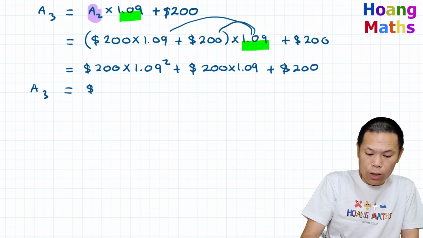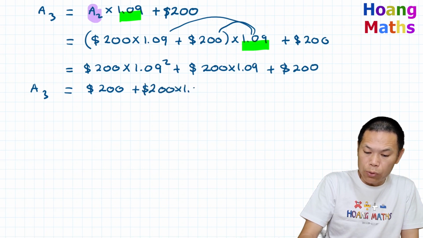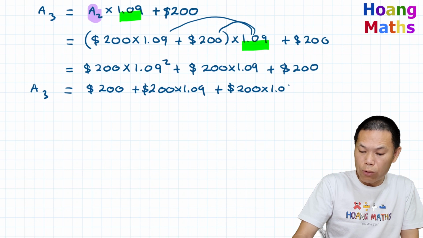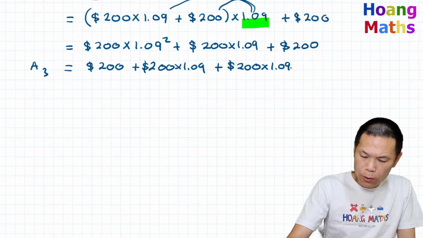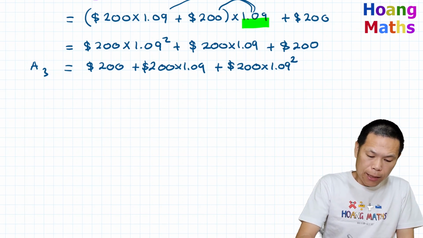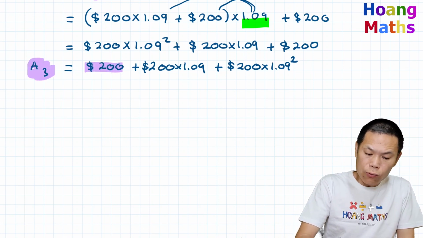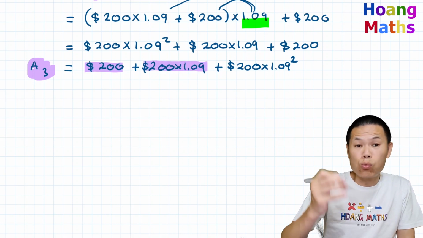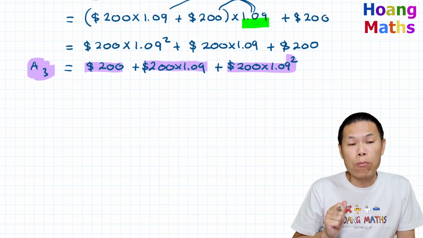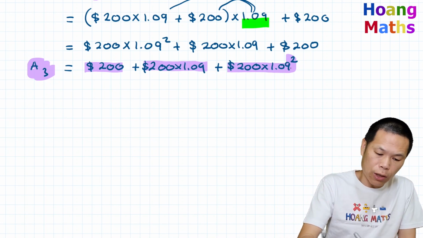So that is $200, we add $200 times 1.09, and we add $200 times 1.09 to the power of 2. So there you go. Now you can see the pattern. A3 gives me 200 plus 200 times 1.09 plus 200 times 1.09 squared, one less. Keep that in mind.